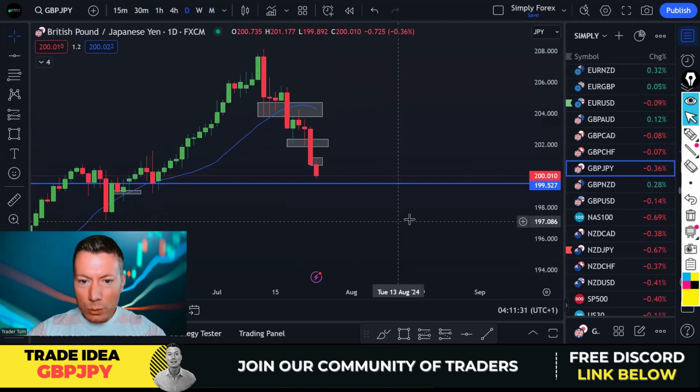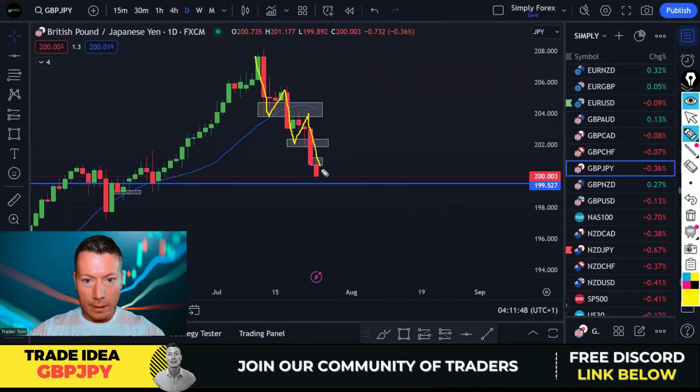These yen pairs, it's worth pointing out, are a little bit oversold. Look at the moving average 20, a little bit oversold, but we've got such a lot of selling pressure behind this trade. And obviously you need to understand trend, and we are in a downtrend, clearly. Lower highs, lower lows. So we're looking for sells.